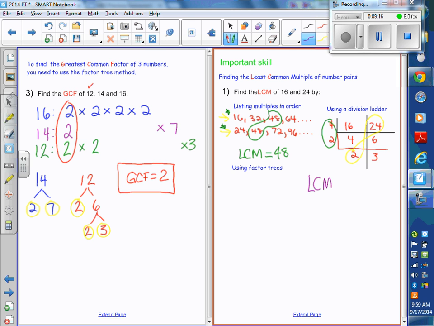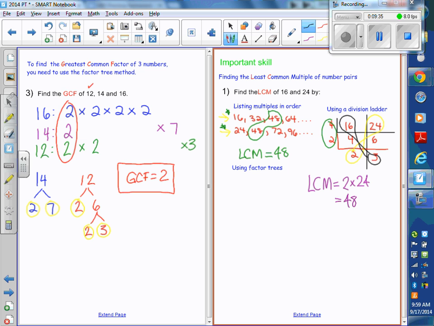LCM is equal to 2 times 24, which is equal to 48. And if you remember, I could have chosen the bottom of the right side, and I would have multiplied by the top of the left side, because 3 times 16 is also 48.